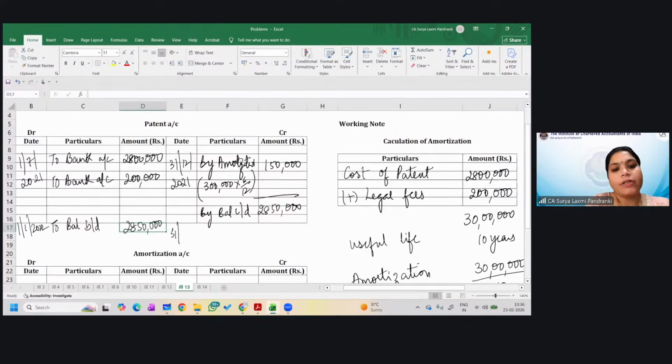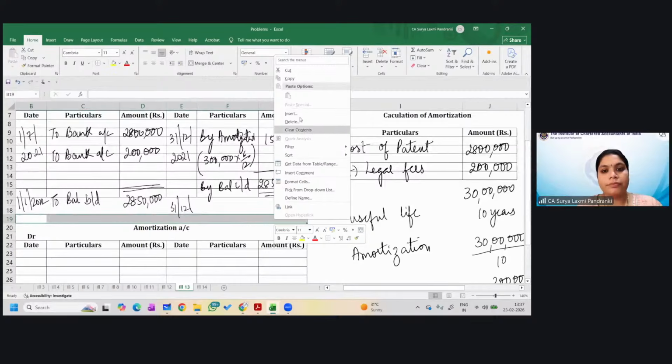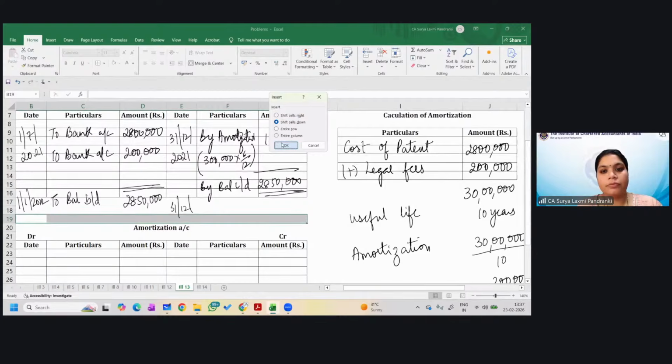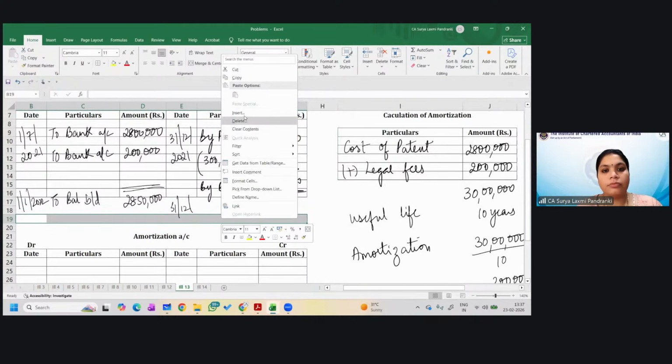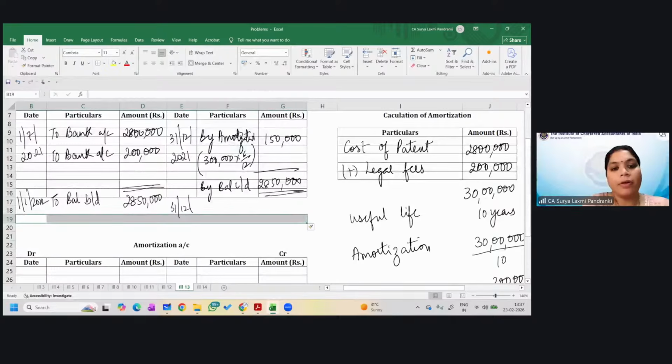And on 31st December 2022, by amortization 3 lakhs. Only for the first year we are doing it for 6 months.